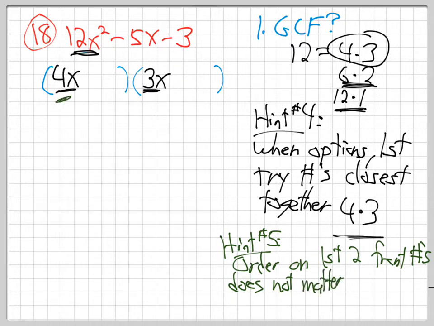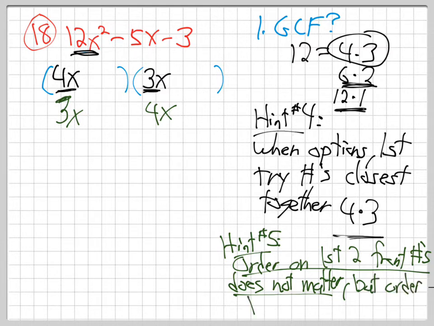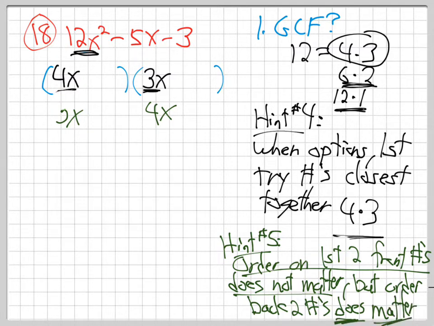So you could put 3x here and 4x there, whatever. The order on the first two front numbers does not matter, but the order on the back two numbers does matter. Why? Because somebody's going to be next to a 4x and somebody's going to be next to a 3x, and that's different.